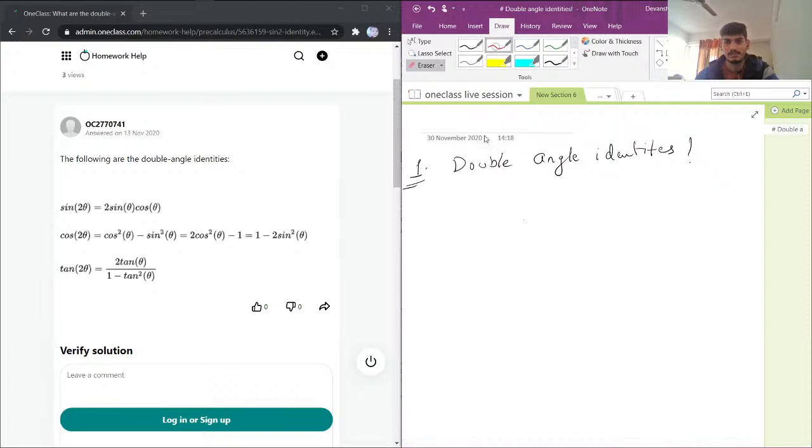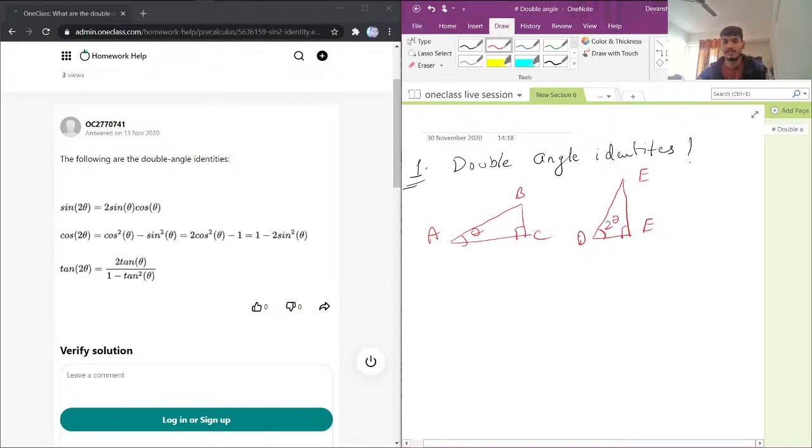I'll just draw two triangles instead of one. Let's say this is one right angle triangle, this is theta, and this is another right angle triangle, and the angle given here is 2 theta. So this is A, B, C, D, E, F. This angle is basically double of this theta angle.